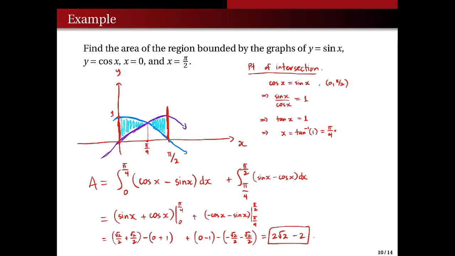On one interval, function f is greater than function g, and then on another interval, the function f is less than the function g. So you have to remember that it's above function minus below function, or right function minus left function if we have functions x in terms of y.